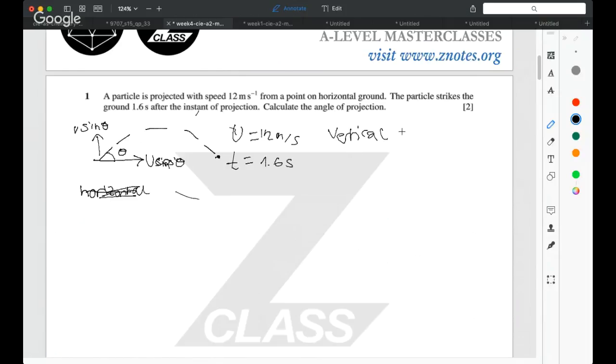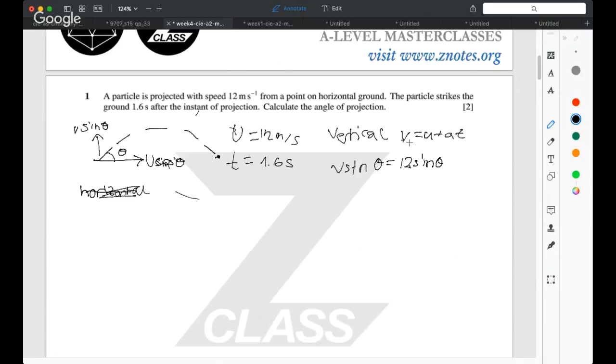So I use the equation v vertical equals u plus at. Yeah, you can do that. Then v sine theta equals 12 sine theta. Sorry, this is a different angle.